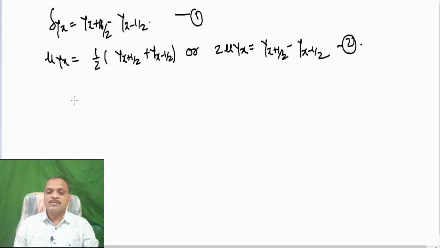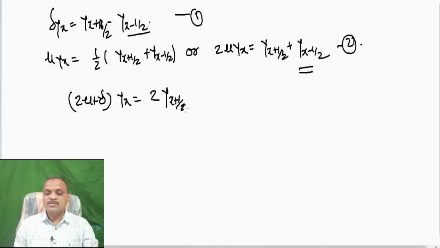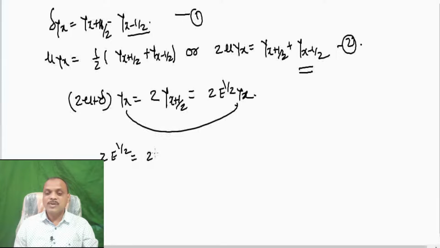Let us add these two equations. That means 2 mu plus del operating on y x equal to, this minus and this plus will get cancelled, and we get 2 y x plus 1 by 2, or 2 into e raised to 1 by 2 into y x. So cancelling the y x, we get 2 into e raised to 1 by 2 equal to 2 mu plus del, or e raised to 1 by 2 equal to mu plus 1 by 2 del.